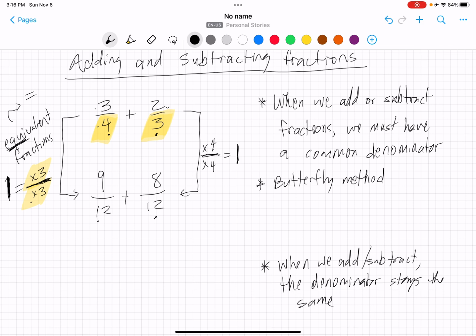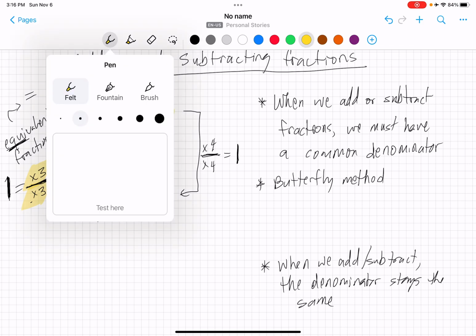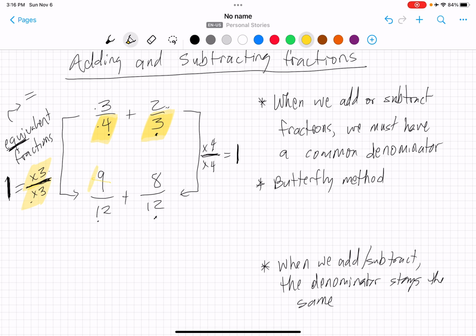So we're only going to add the numerators. So in this example, we have the 9 and the 8. So we're going to go ahead and add those up, and we're going to get 17 over 12. And that will be our final answer.